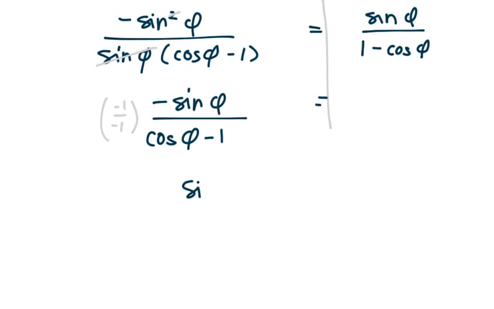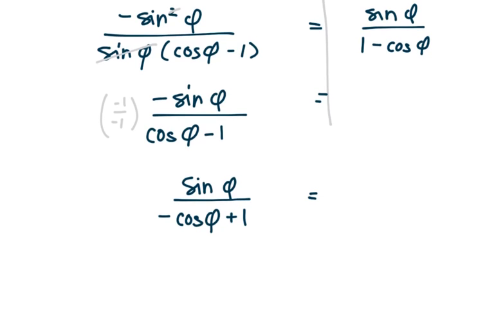That gives us the sine of phi over negative cosine phi plus 1. And are these the same? Rearranging the terms in the denominator, that would be 1 minus cosine phi. At this point, we are done. We'll end our problem with a therefore.